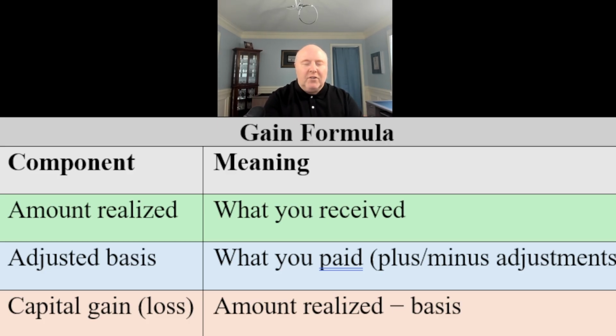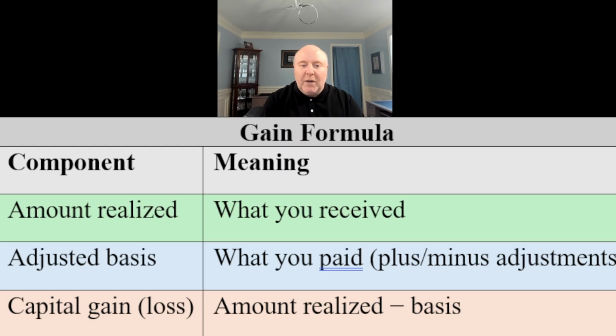It could be some other type of property in addition to cash. So there's different types of ways that you have to look at it. It falls outside the scope of what we're dealing with, but in many instances, what you're looking at is going to be the cash that you received, and then perhaps some forgiveness of debt if somebody else is assuming your debt. All right, so that's the amount that we realized on the sale.